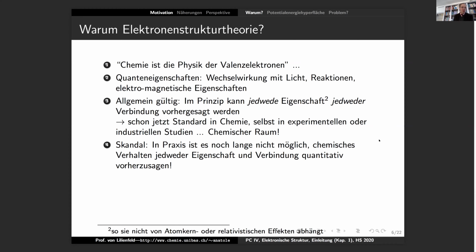And if you're a capable synthetic chemist, it wouldn't take you long to make those measurements in the lab. So while theory still struggles with this, right?